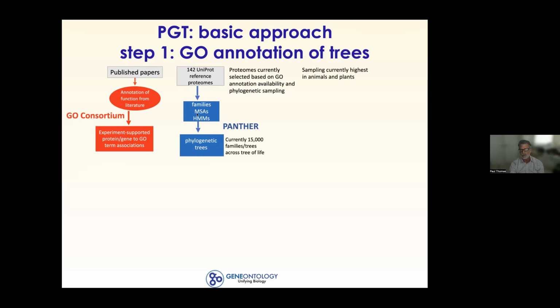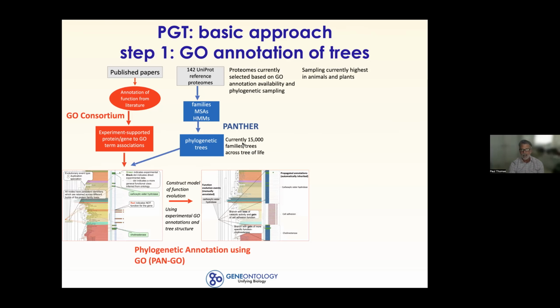Each one has a multiple sequence alignment, hidden Markov models, but most importantly for this project, phylogenetic trees. And there are 15,000 family trees across the tree of life now. And then combine those two. So this is the phylogenetic annotation project that I just talked about.